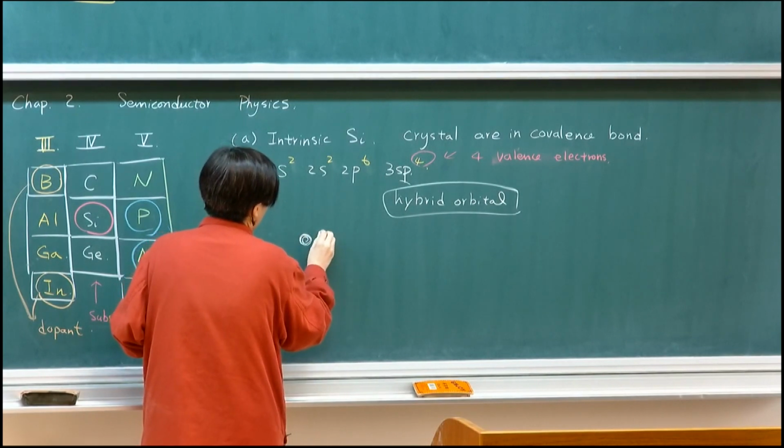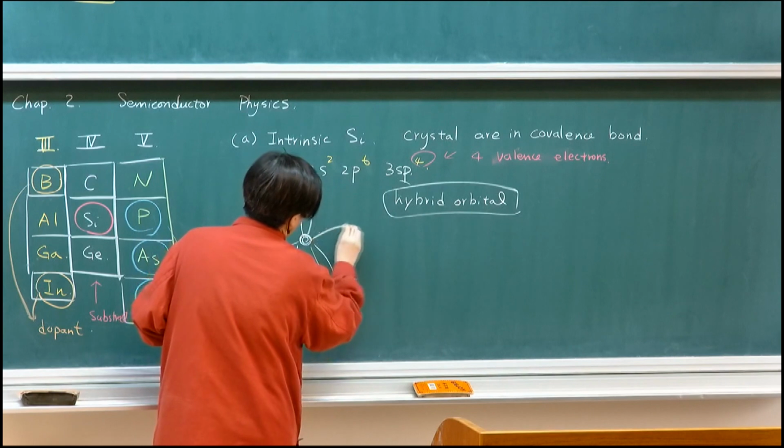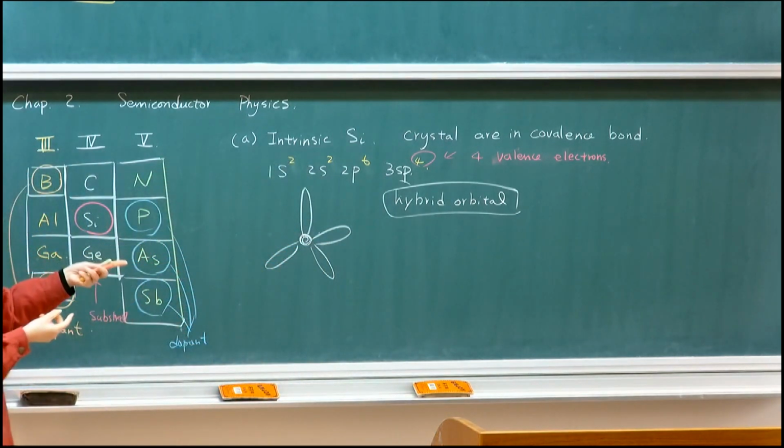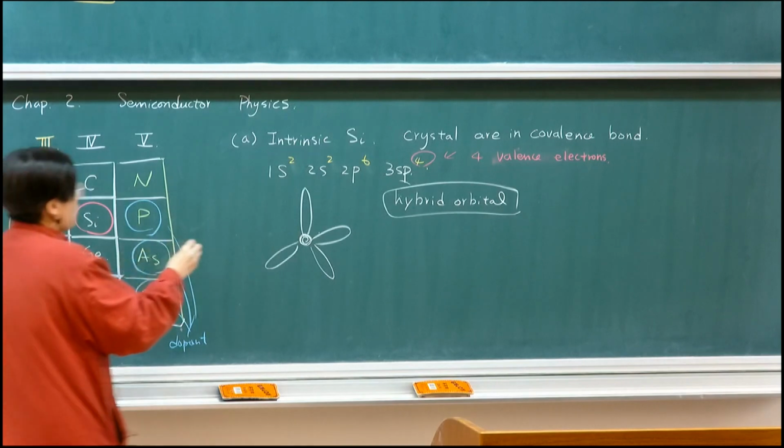It starts with the center, so we'll then have this and this. If I use a plain drawing, it's very hard to tell. But you know that it's a zongzi, okay? Each of the angles will be the same if you look at a perfectly wrapped zongzi, okay? So then it will be the sp orbital.